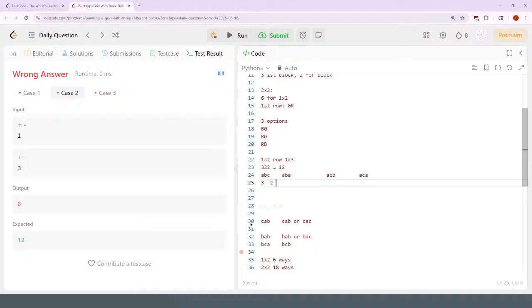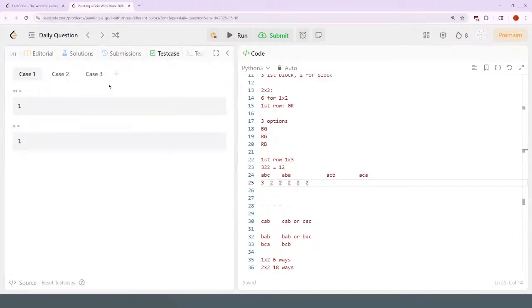And if you extended it out some more, then again it's 2 ways here, 2 ways here, 2 ways here. So if you extend out, let's say, a 1x5, 1x5 is 3 times 4 twos. 2 to the 4th is 16 times 3 is 48. So 1x5 should be 48.